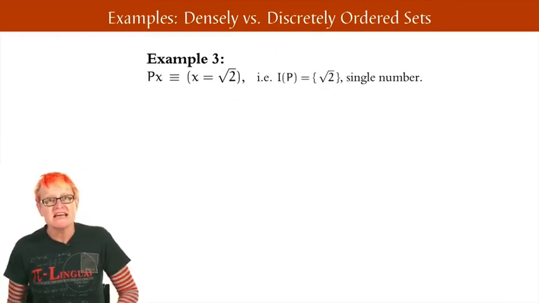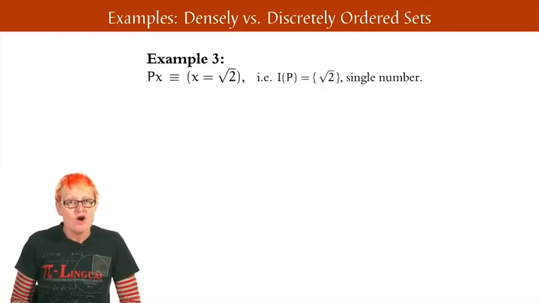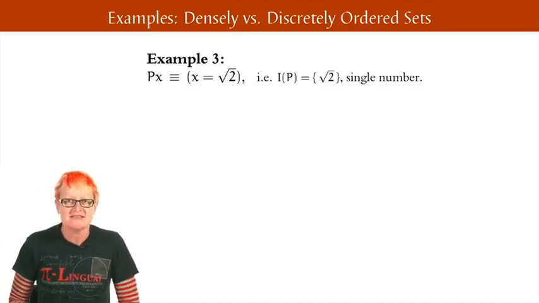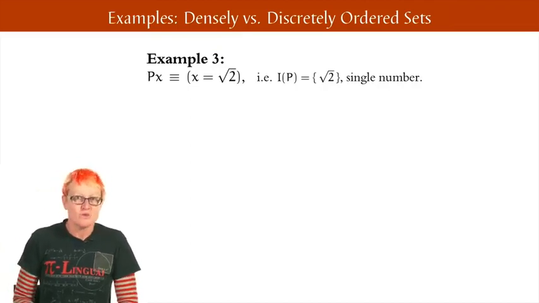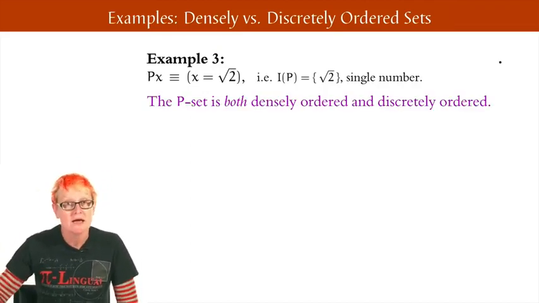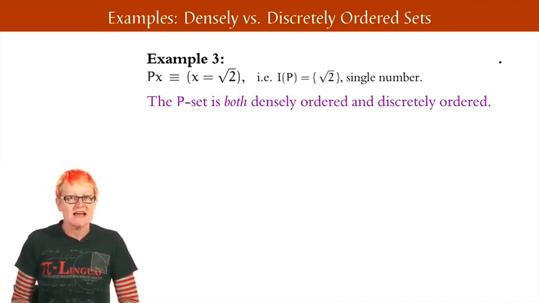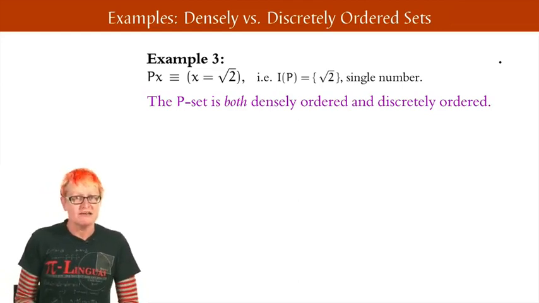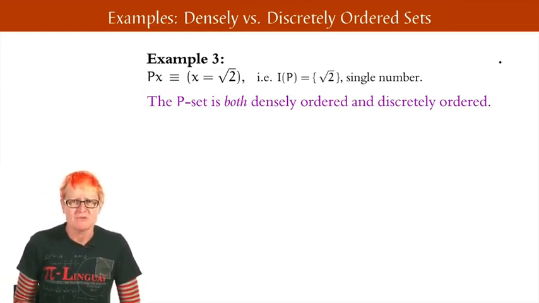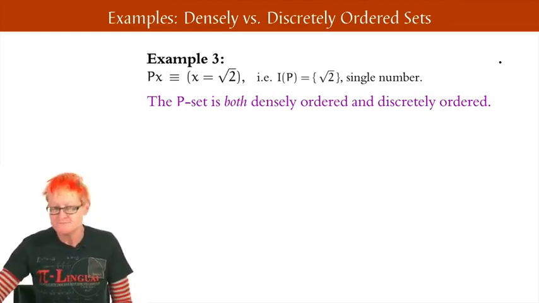For example 3, consider the extreme example of a size 1 set, here consisting of just the number square root of 2. Turns out that any size 1 set will come out as both discretely ordered and densely ordered, but for trivial reasons.